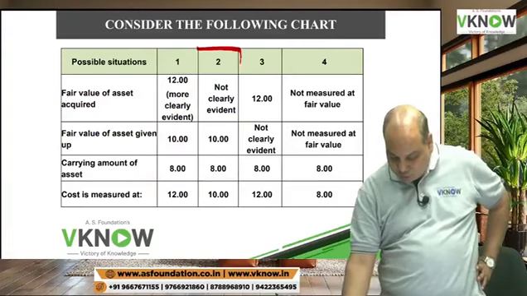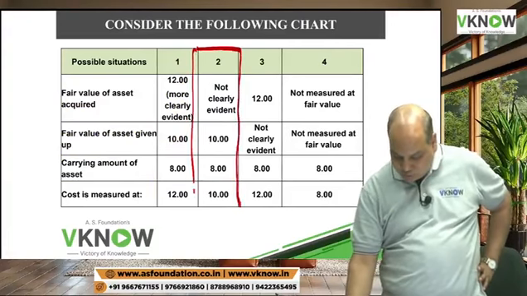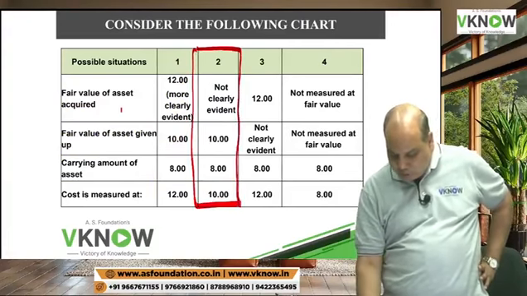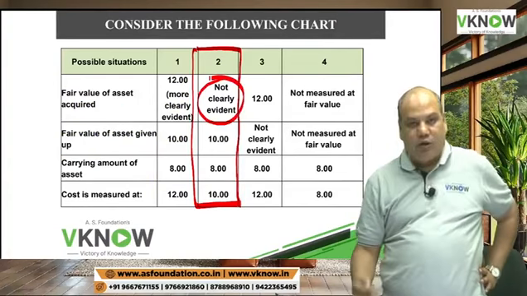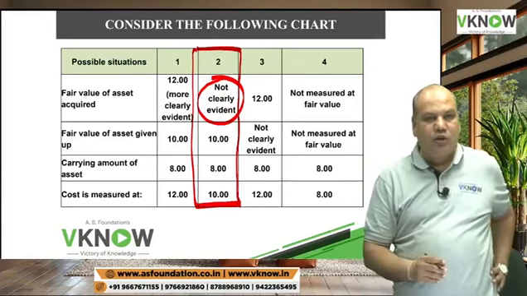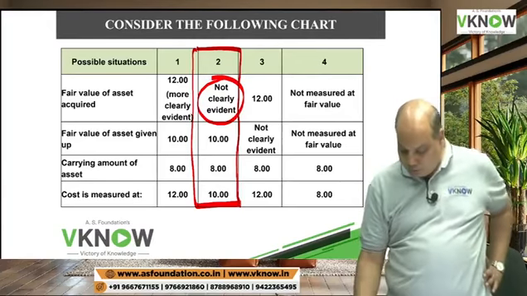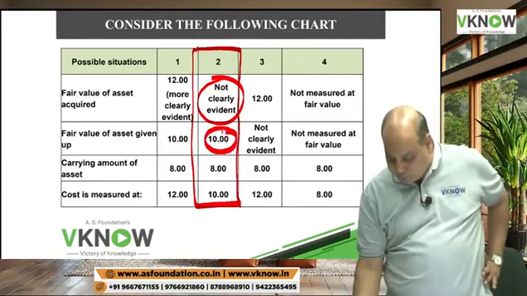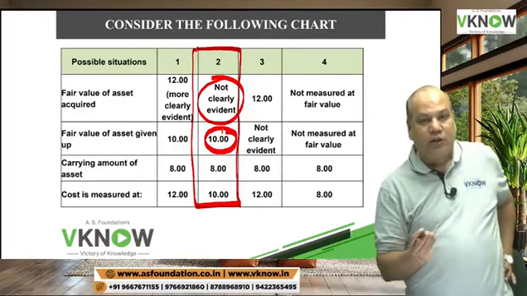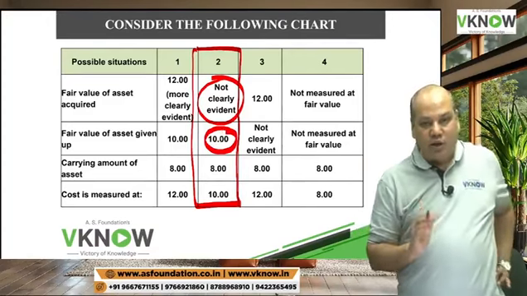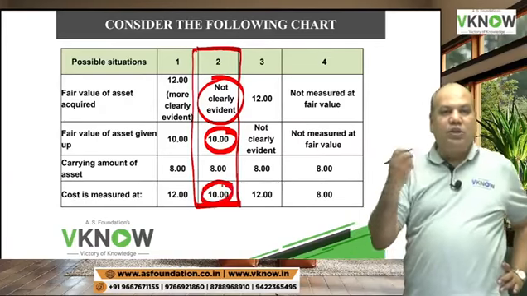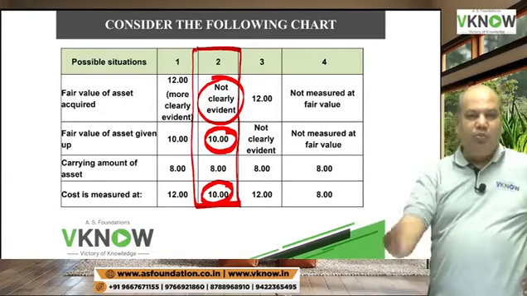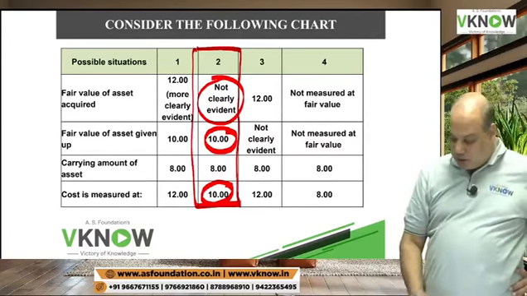Case 2. All of you concentrate on case 2. Fair value of the asset acquired is not available, but at least the fair value of the asset given up is available, 10 lakh. So the new asset acquired will be measured at 10 lakh.